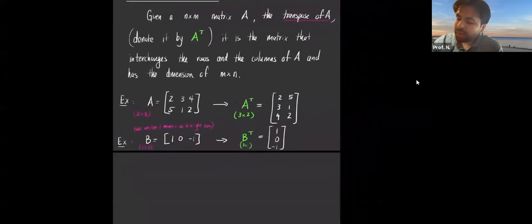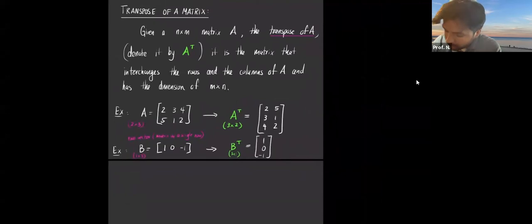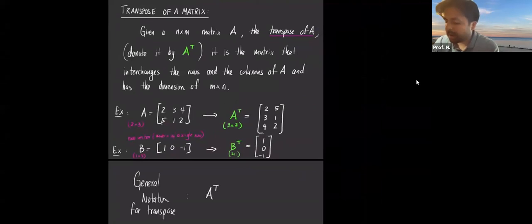Okay, so then how do we generalize this idea? What's the general notation for transpose? If I want to know what the ij entry is of A transpose, just take the entry of A and swap it, take the ji entry.